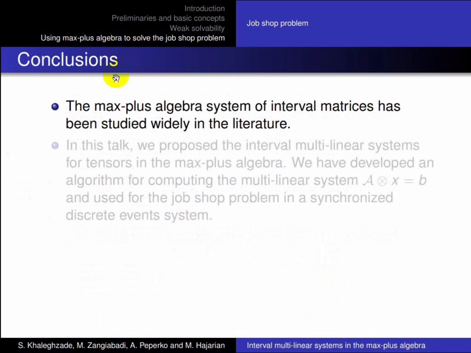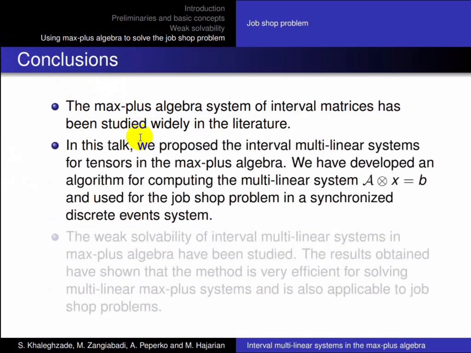To conclude, I'd like to say the max-plus algebra system of interval matrices has been studied widely in the literature. In this talk, we propose the interval multilinear systems for tensors in the max-plus algebra. We have developed an algorithm for computing the multilinear system and used it for the job shop problem in a synchronized discrete event system.